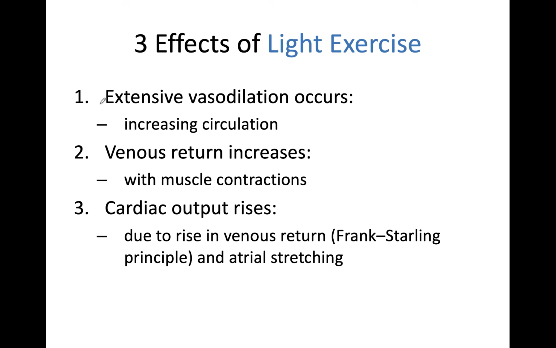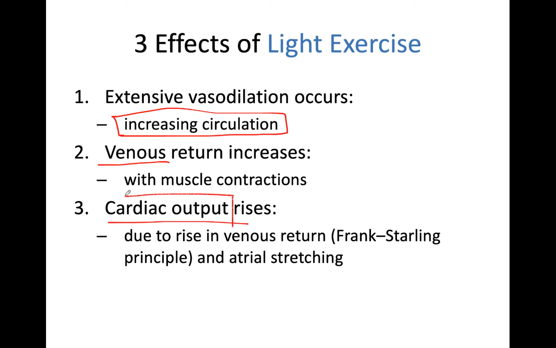So you're going to have vasodilation to increase circulation. You're going to have more return of blood back up to your heart because you're contracting your veins. Remember, venous contraction will cause the propulsion of blood up towards the heart. And because more blood is getting up toward the heart, your cardiac output is going to rise.